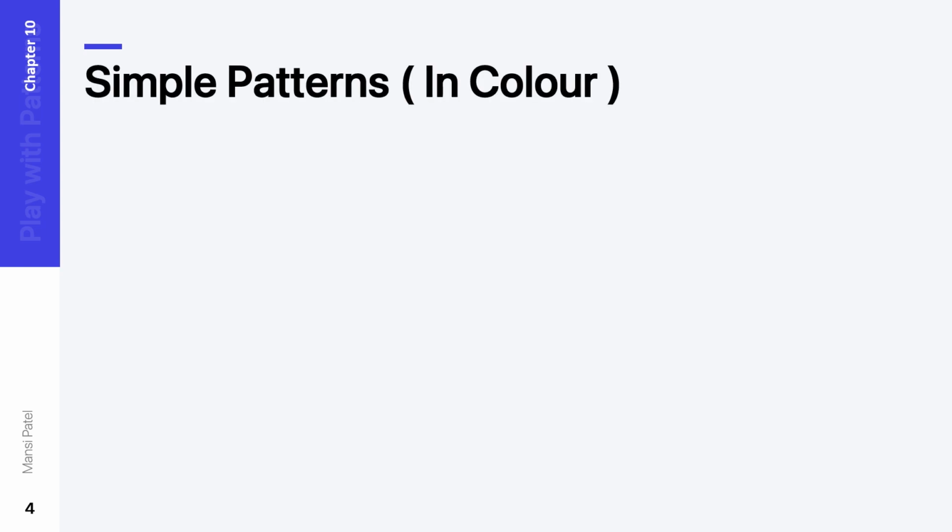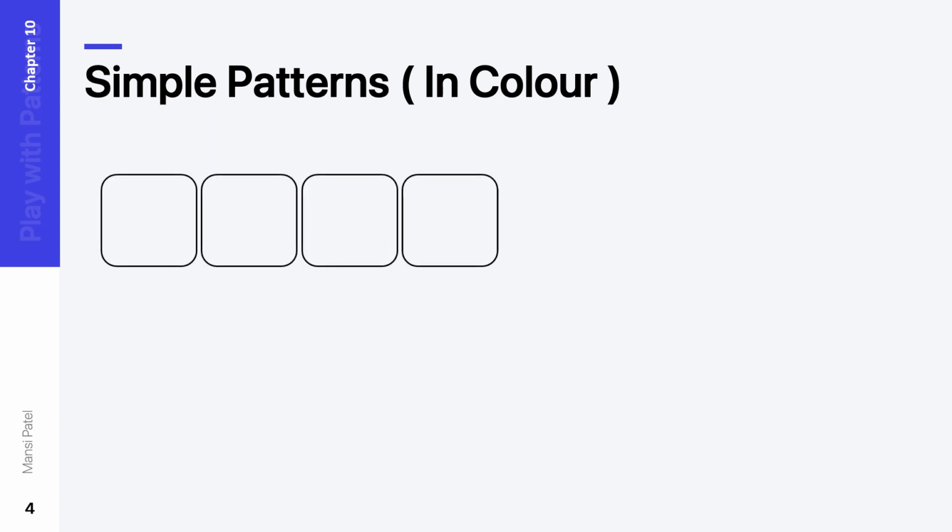Simple patterns. Here you have to see the simple patterns in colors. See here, I am giving one circle and the color of this circle is sky blue. After that, the size of this circle is the same, but the color is different. So, blue, green.